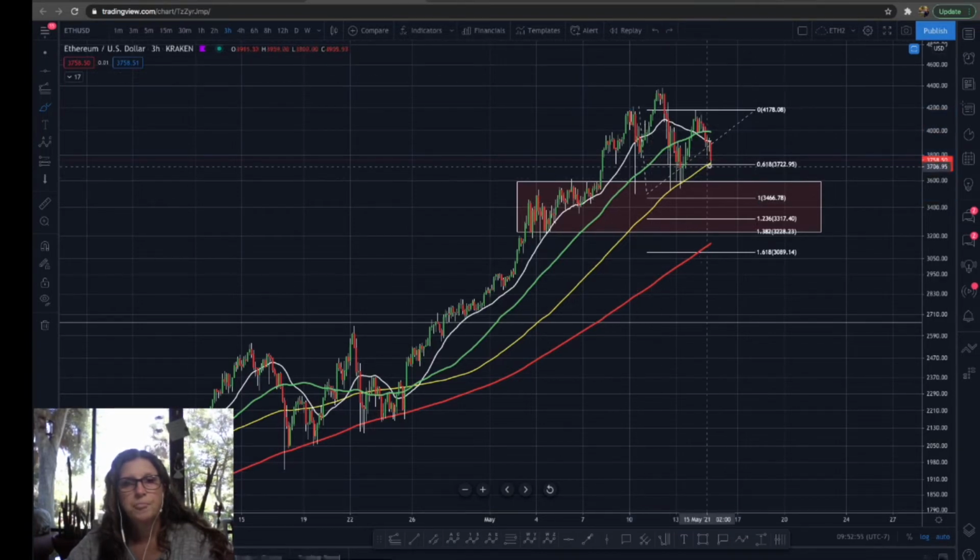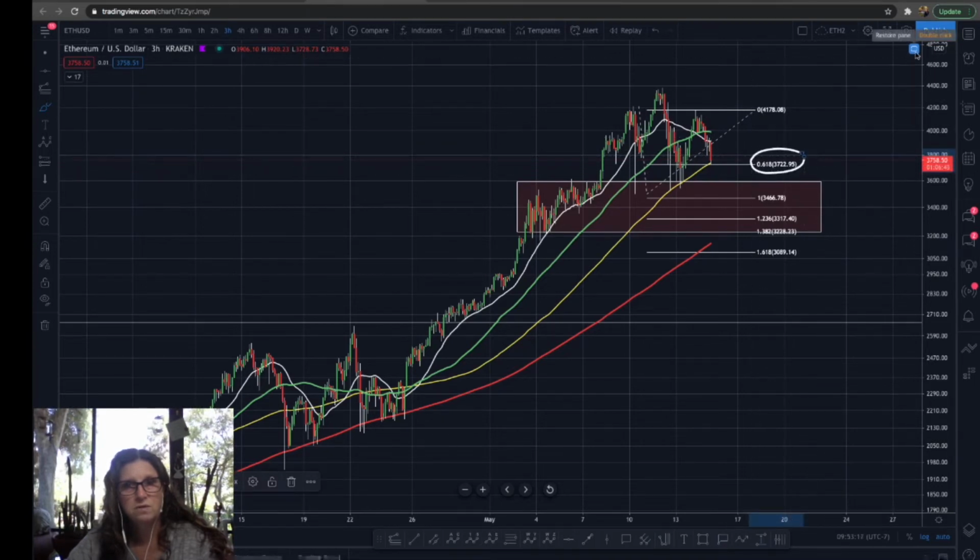So we've tapped the 618, which that's totally can stop here and be a truncation. It's got the 100 MA coming in there. So we always look for this to be our first target.